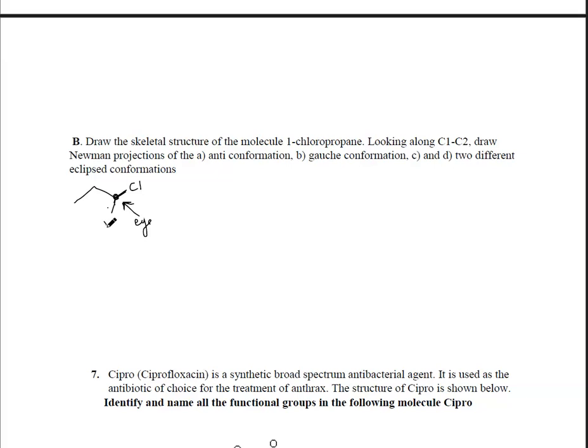So we have a hydrogen and a hydrogen, and then at the back we have a methyl, hydrogen, and a hydrogen. So the front, so they're asking to draw an anti-conformation. For that, you should have the chlorine and the methyl group at the opposite positions, right?